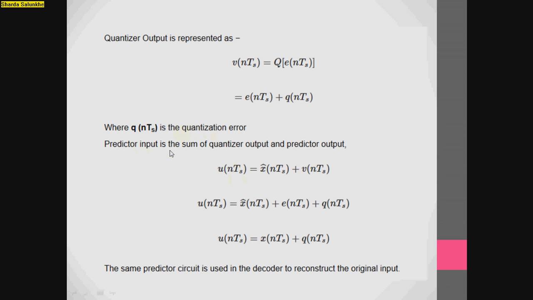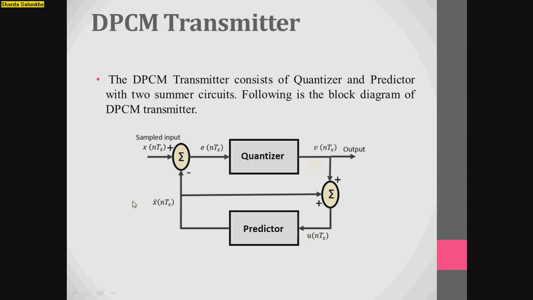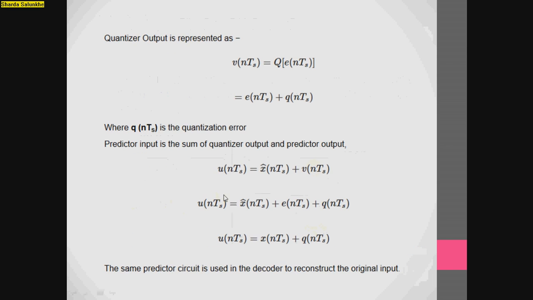So the predictor input U of nTs is nothing but X cap of nTs plus V of nTs. So U of nTs is equal to X cap of nTs as it is, and V of nTs is the previous equation, that is E of nTs plus Q of nTs.